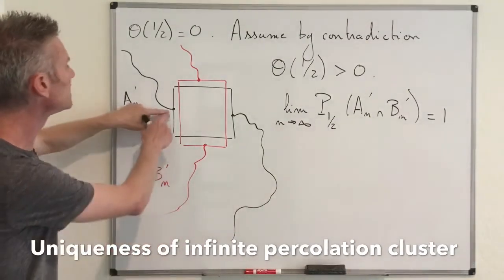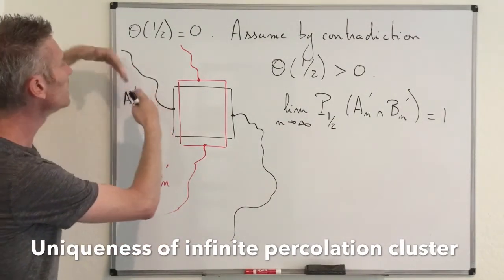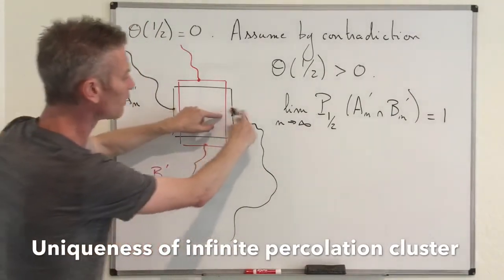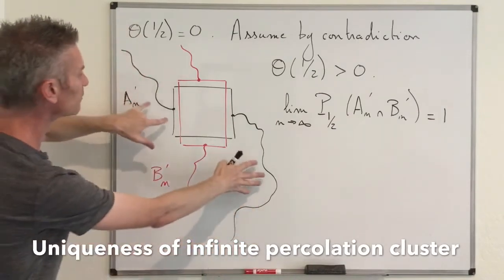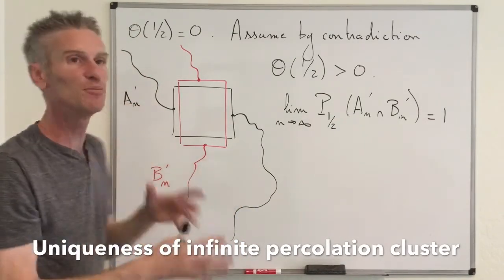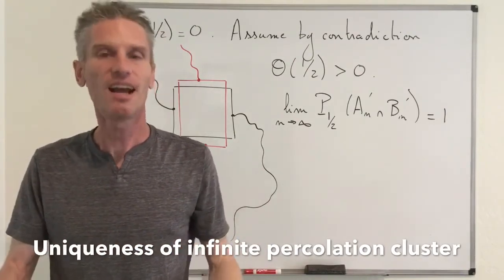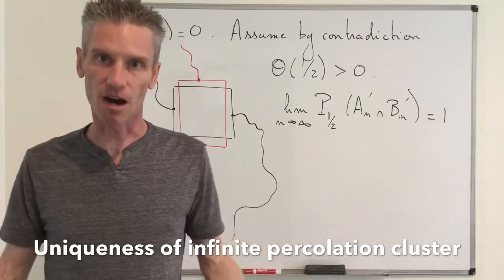Same story for this one, so those two infinite paths cannot be disconnected. They are both subsets of the same cluster, and so they must be connected somehow, okay?